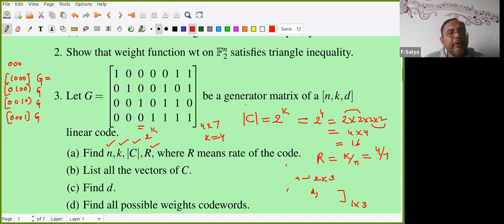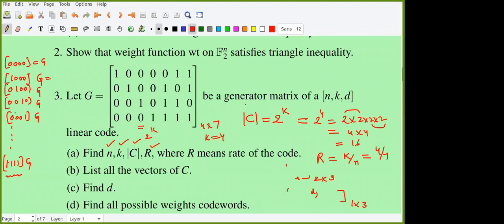If I multiply 0, 0, 0, 0, I'll get the 0, 0 row, right? So like that, how many vectors are there? What is the last vector? 1, 1, 1, 1, right? So in total, how many vectors are possible that I have to multiply? From 0, 0, 0, 0 to 1, 1, 1, 1, how many are possible? 16.